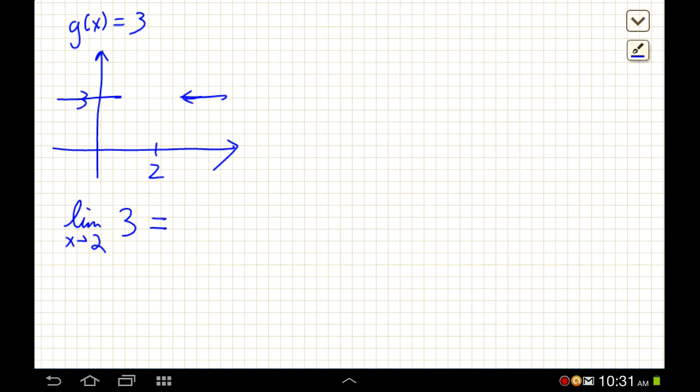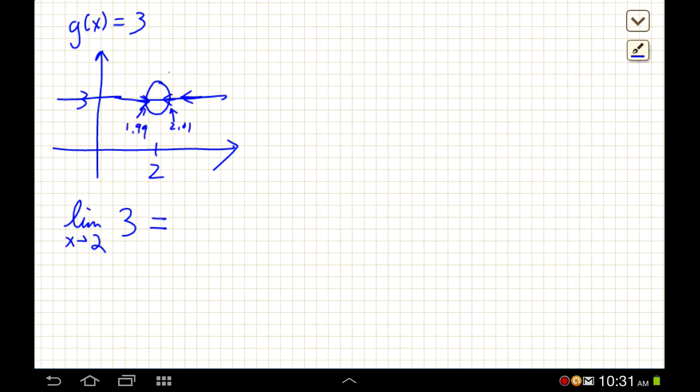Let me draw this clearly here. What we're doing in evaluating a limit is imagining putting a little circle at the destination point, and anywhere close to the circle are those x values that you evaluate for f of x. Those are the limit values we're trying to find. So earlier, this is 2.01, this is 1.99.